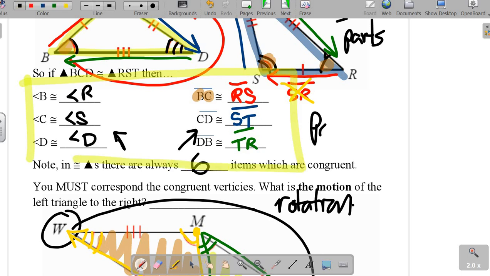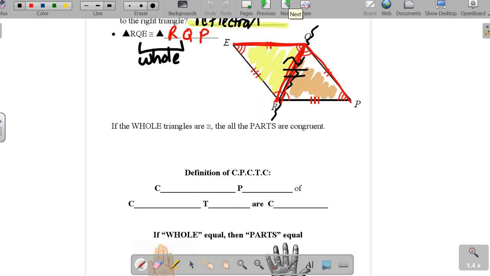That would be considered parts. If the whole's equal, the parts are equal. So if the whole triangle RQE is congruent to RQP, then I could say, for example, that angle E is congruent to angle P. That would be a whole, this would be a part.